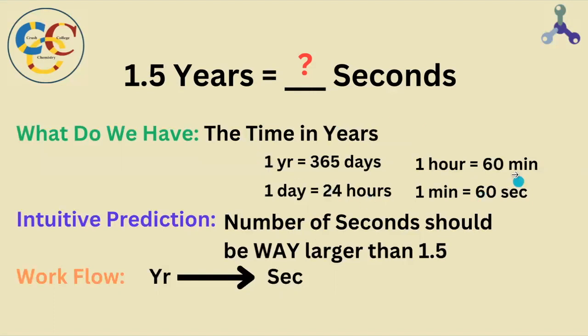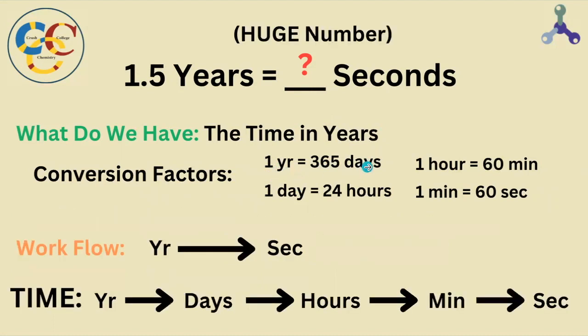So these are all equivalent statements, so we can use them as what are called conversion factors. And the thing about conversion factors is that we take those two statements, like say that 1 year is equal to 365 days, and we can divide one over the other, and it's a form of one, where we go from years to days to hours to minutes to seconds.